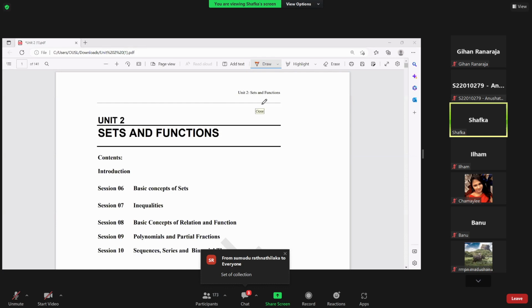Set of collection. Okay. What else? There are some other properties. What are those?